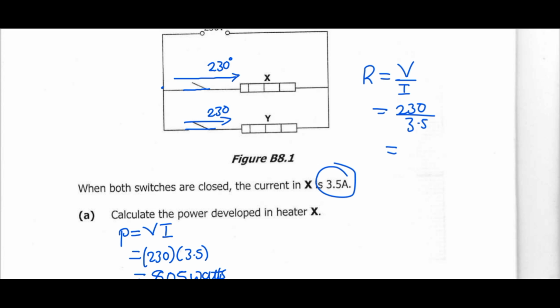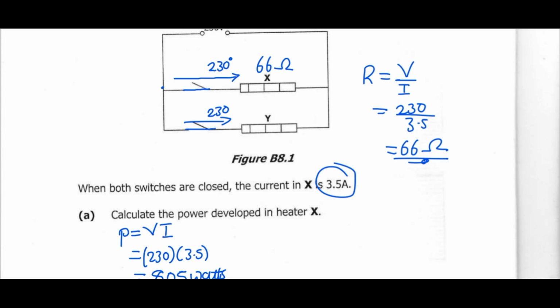So 230 divided by 3.5, so 65.7, which we'll just round off to 66 ohms. So this is the resistor at this point.